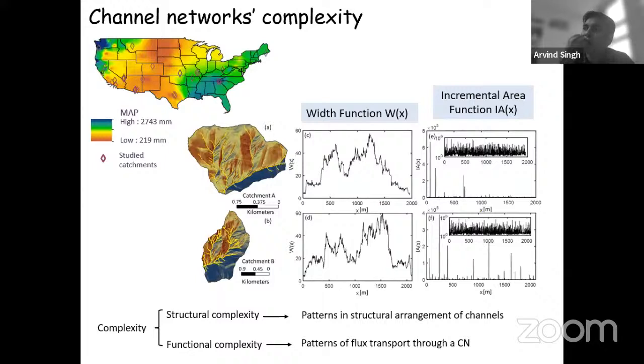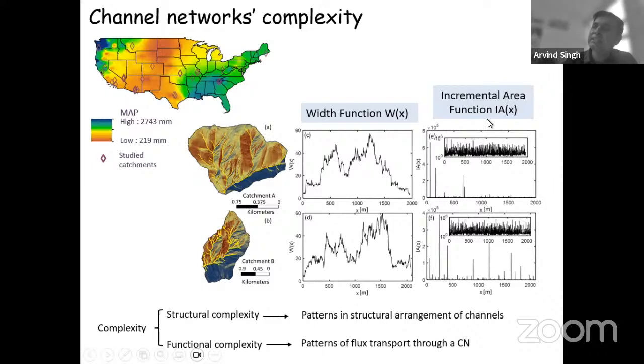To take into account how much complexity the hill slopes introduce to these landscapes, we use the incremental area function, which essentially tells you how much drainage area we are accumulating as we go from upstream to downstream, from channel head to channel outlet.